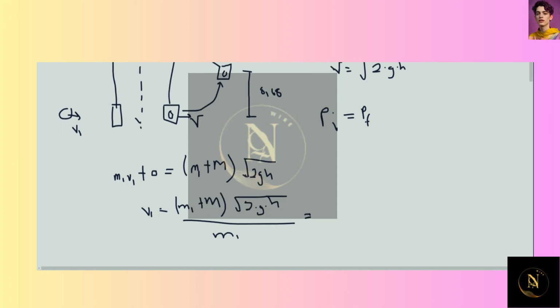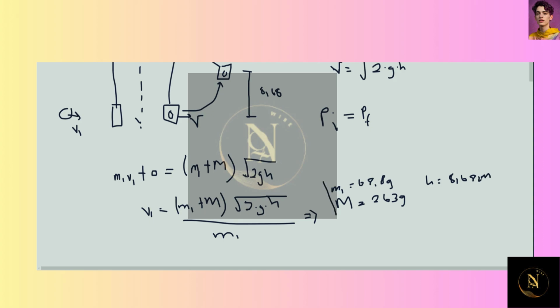If you now plug in the masses, m1 is equal to 68.8 grams, big M is 263 grams, and h is 8.68 centimeters.